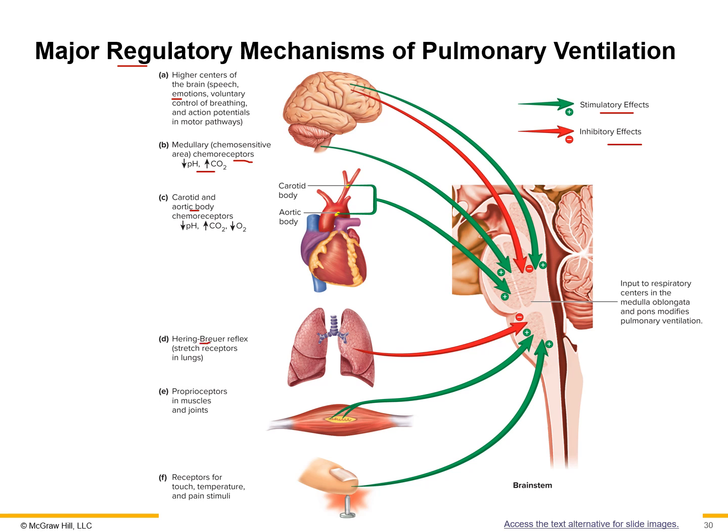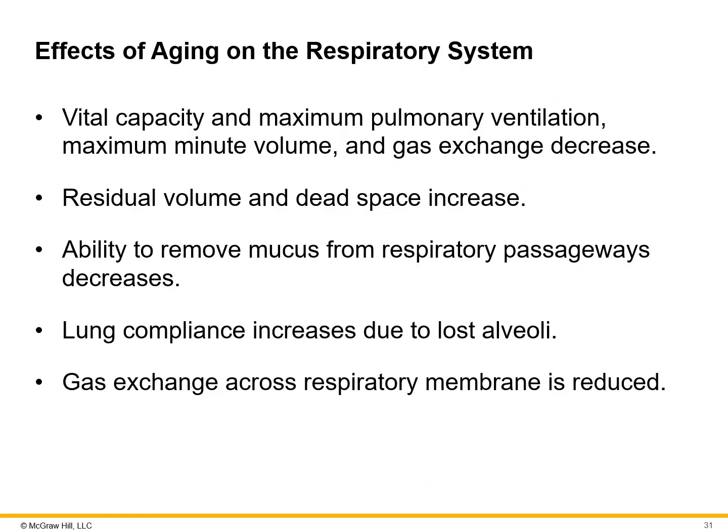That Hering-Breuer reflex prevents overinflation of the lungs. We also have our muscles and joints that are causing changes to respiration, as well as touch, temperature, and pain receptors.